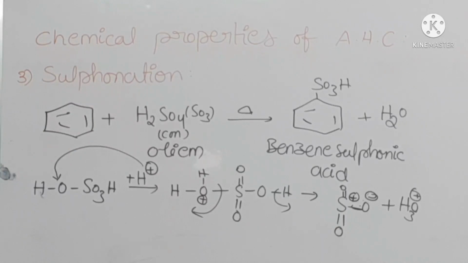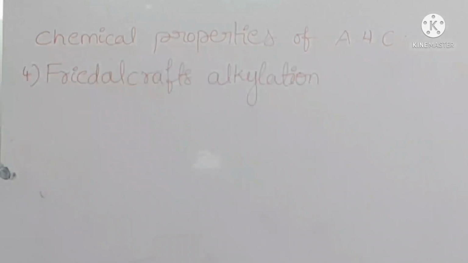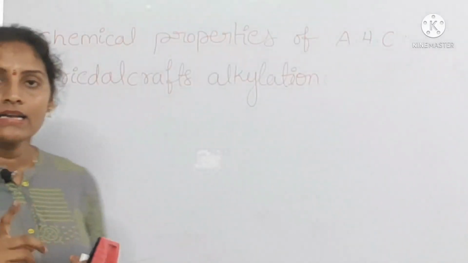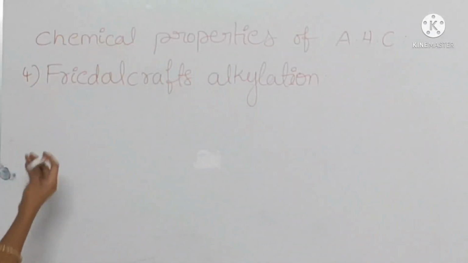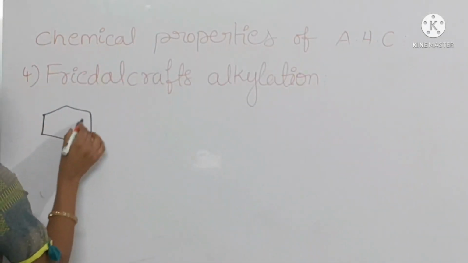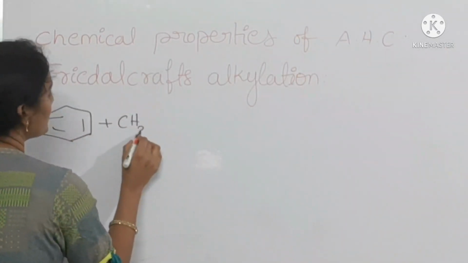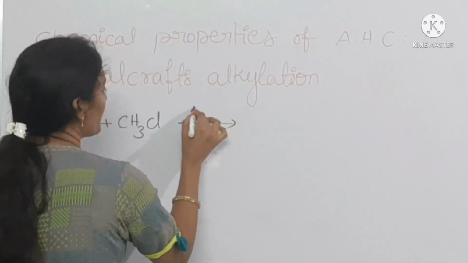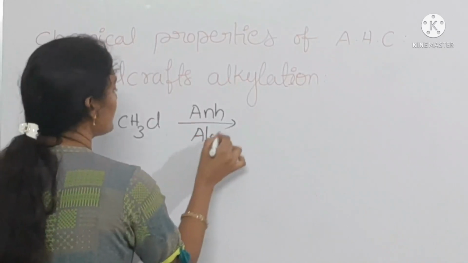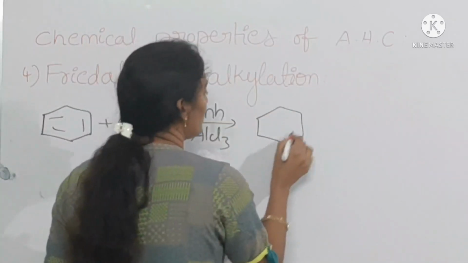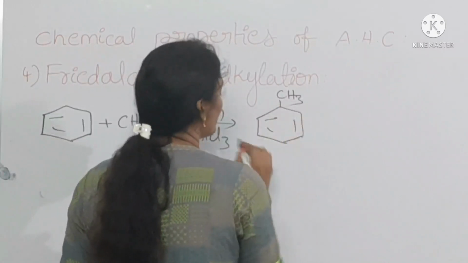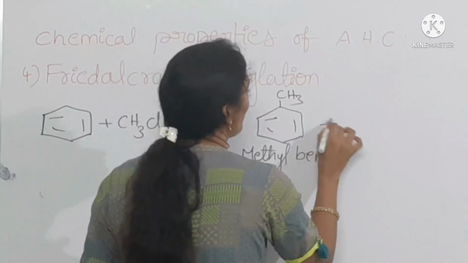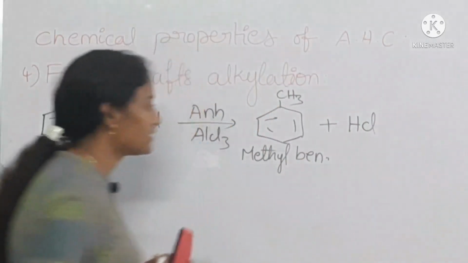Next one is Friedel-Crafts alkylation. Benzene reacts with alkyl halides in the presence of anhydrous AlCl3, which acts as a Lewis acid. You can use CH3X or CH3Cl with anhydrous AlCl3. Methyl benzene, an alkyl benzene, will be formed, and hydrochloric acid is the byproduct.